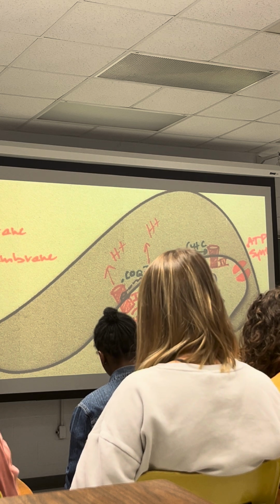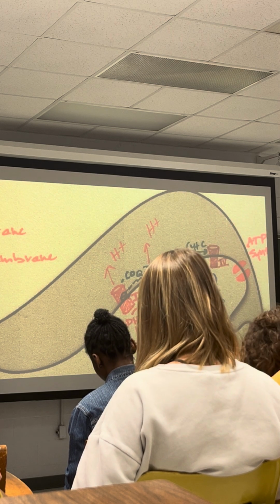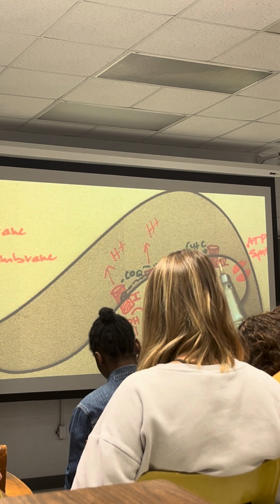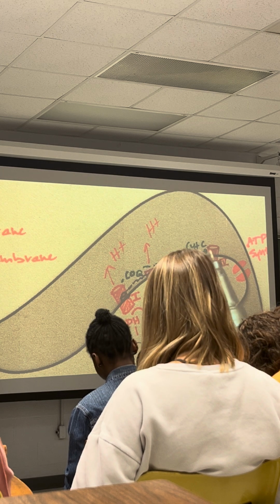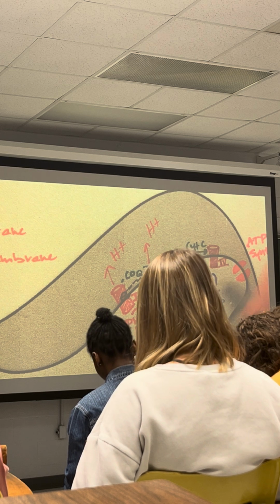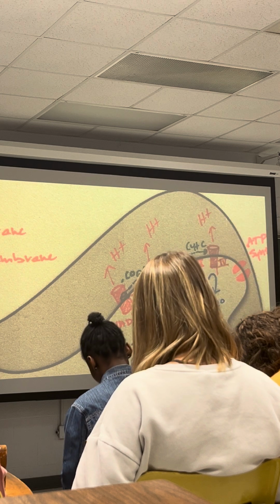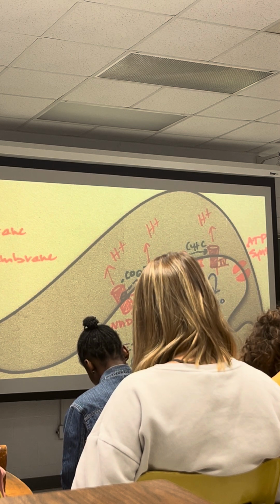Complex 3 is kind of a pass-through for these electrons. Complex 4 takes these spent electrons that have been bouncing through this chain. Complex 4 helps provide just enough energy to provide even more hydrogen in our inner mitochondrial membrane space.